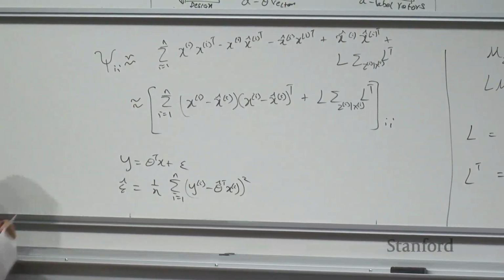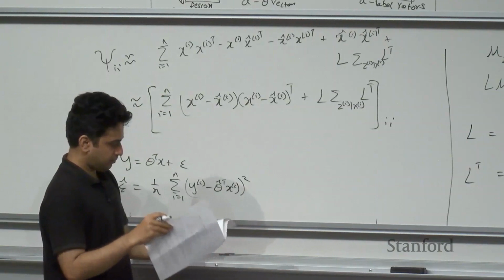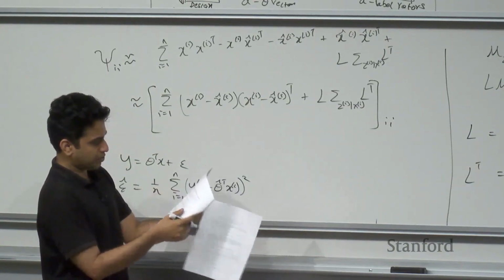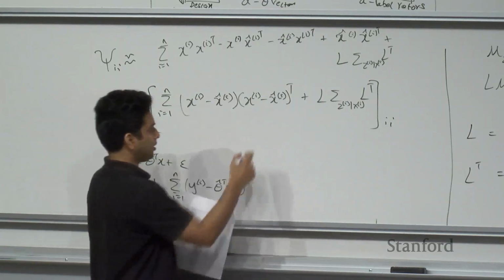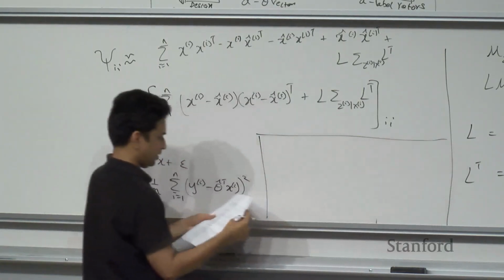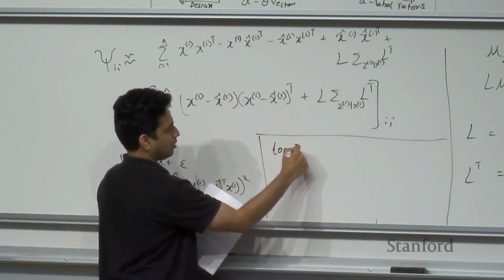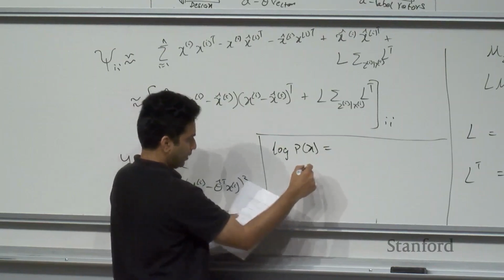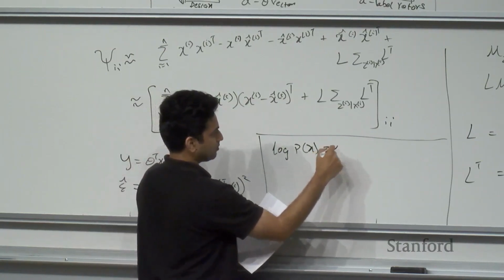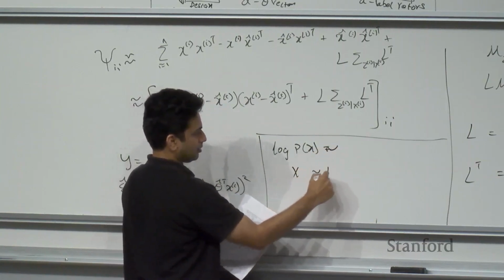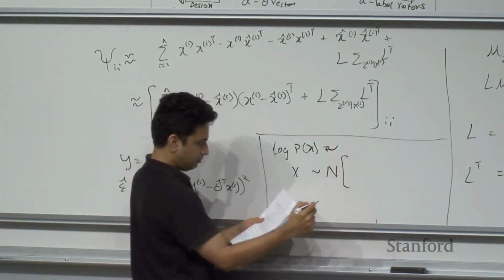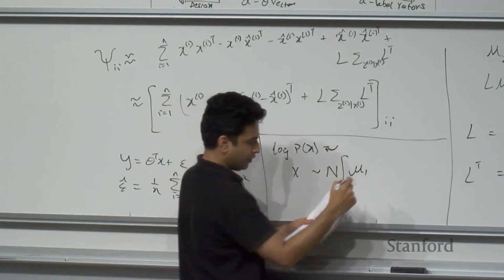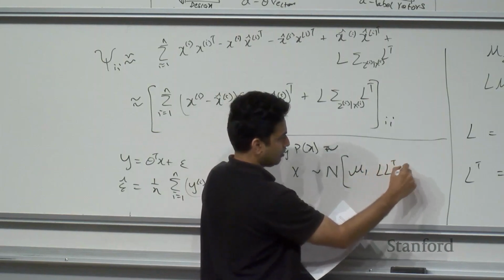So if you remember, we briefly wrote this notation that for factor analysis, log p of x, or the marginal likelihood, actually had this closed form expression where x happens to be a normal with mean mu and covariance L L transpose plus psi.